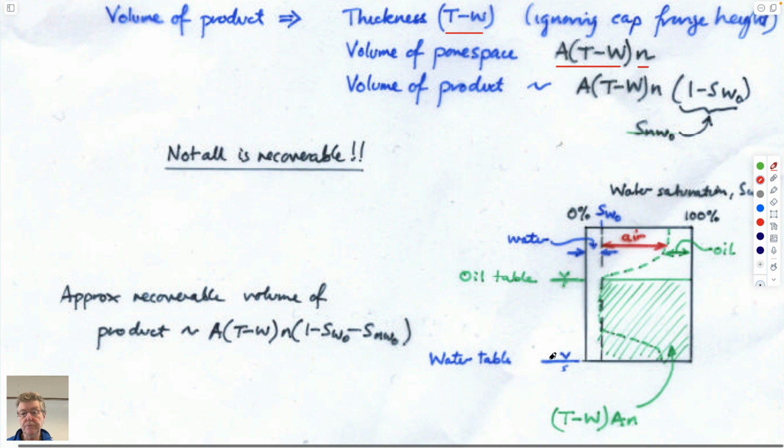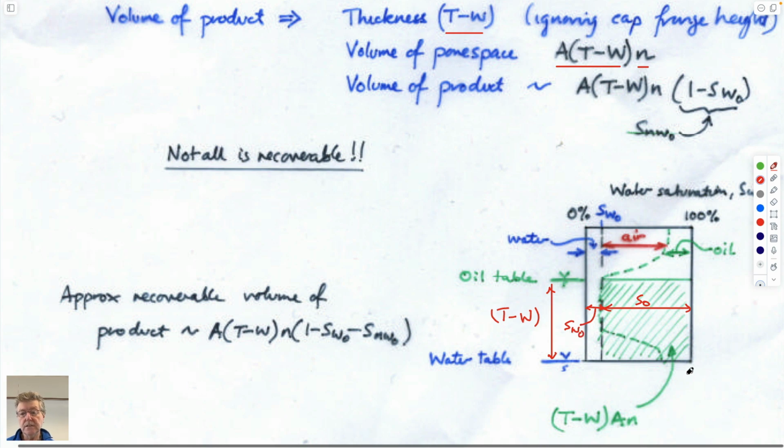This is the water table. So this height here would be T minus W. And this is now essentially full of gasoline. And this is the irreducible saturation of water.